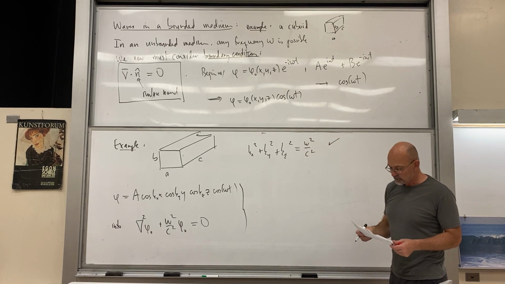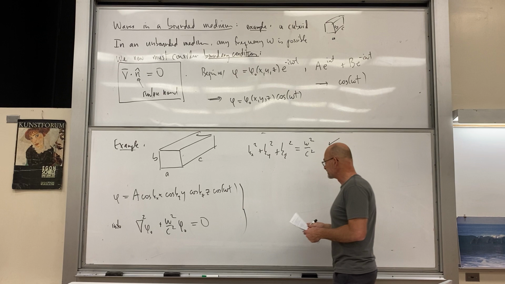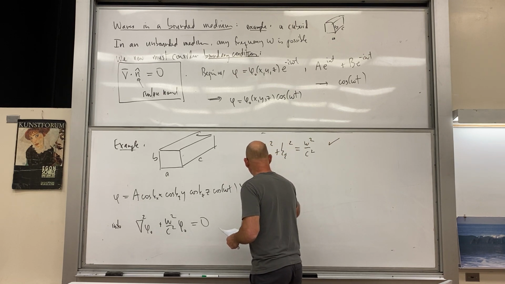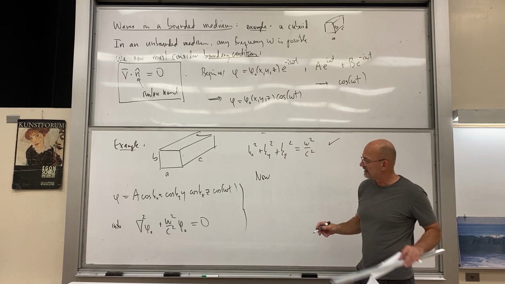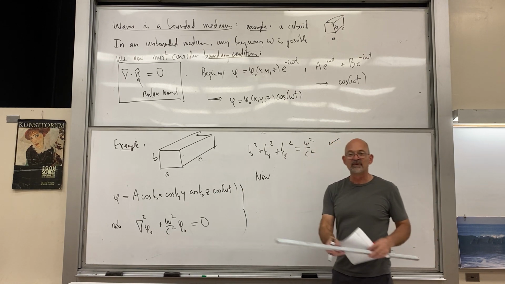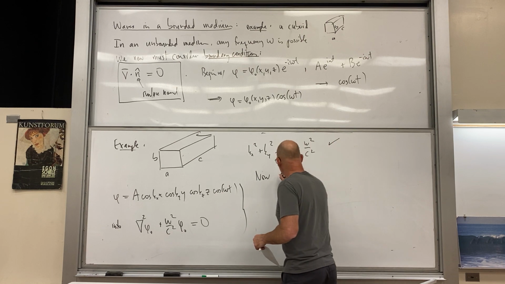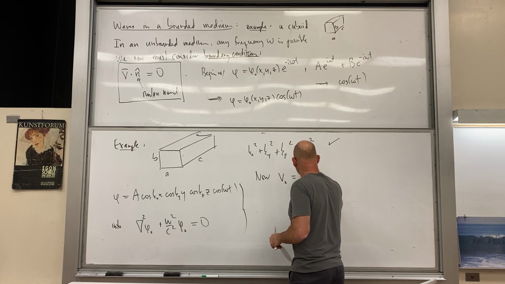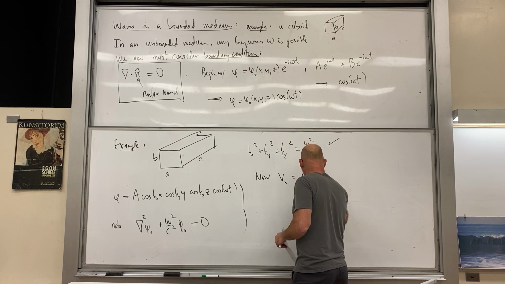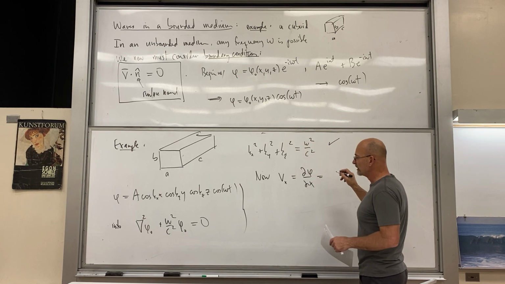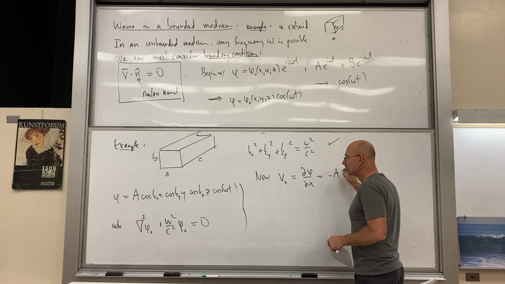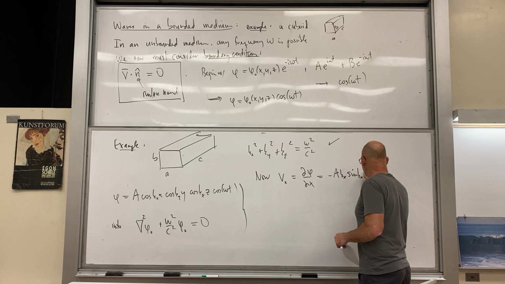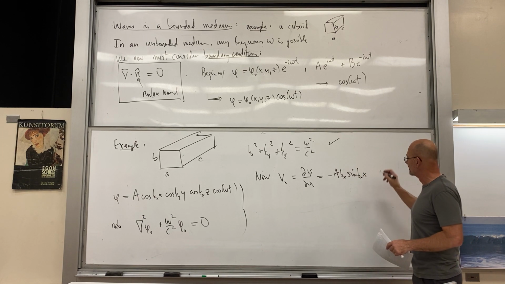But now we have to take into account the boundary conditions. So remember, the gradient of phi, which is right there, is the velocity. So v sub x is equal to d phi dx, and we get a minus A kx sine kx x.